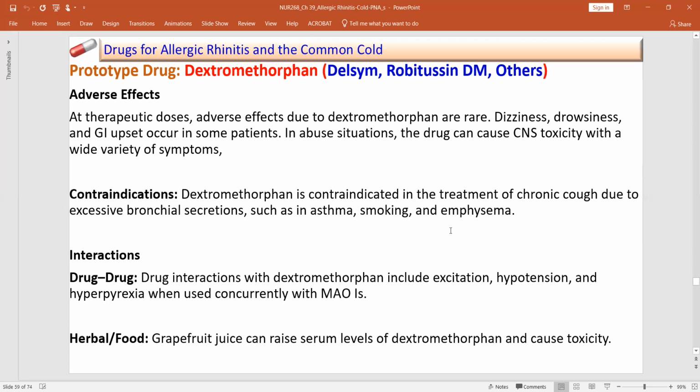For drug-drug interactions, if the drug is used with alcohol, opioids, or other CNS depressants, it may result in sedation.